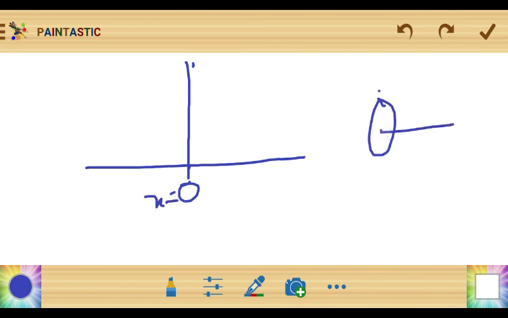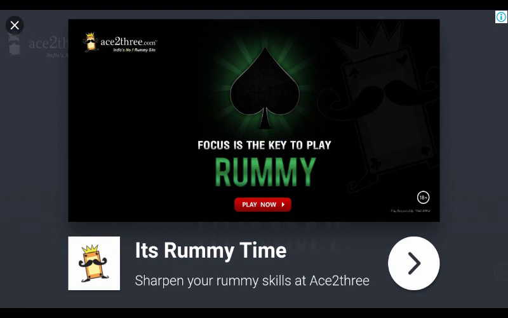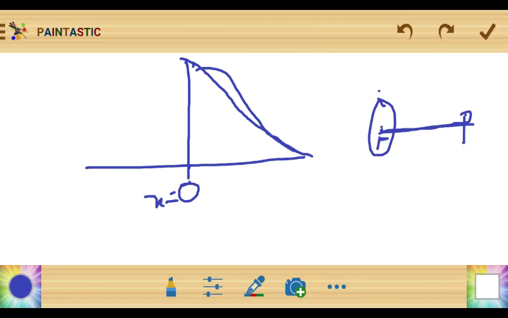The distance from point P. As we know, when x is equal to 0, the magnetic field at the center is maximum, but as we move, that means point P shifted from the center, the magnetic field decreases. You can see it on either side, whether you move to the right hand side or the left hand side.